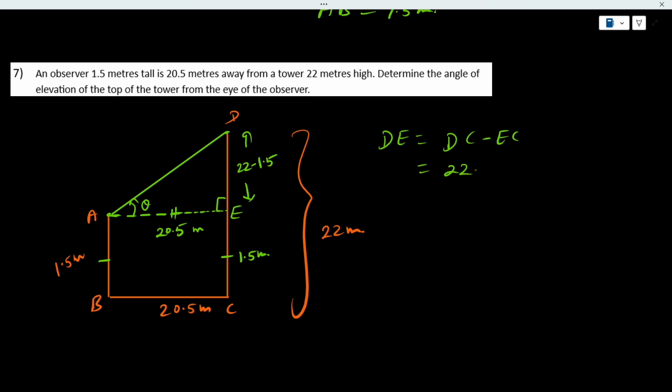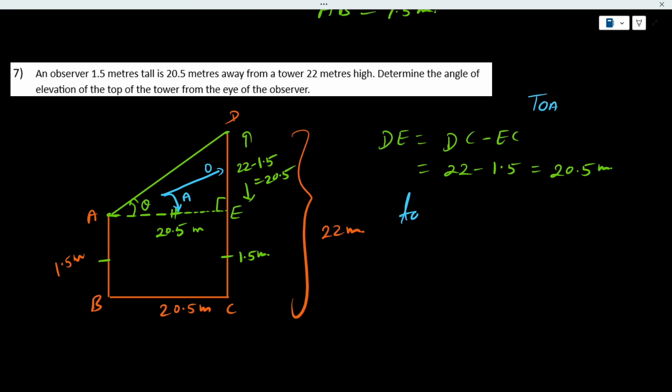See, all the figures are not to scale, so it's fine because this is a rough figure. Okay, so here how much will this be? It will be 22 minus 1.5, 20.5 meter, right? So this is going to be 20.5 meter. Now, if I need to find out here, I know opposite and this is adjacent. Opposite by adjacent is always tan, right?